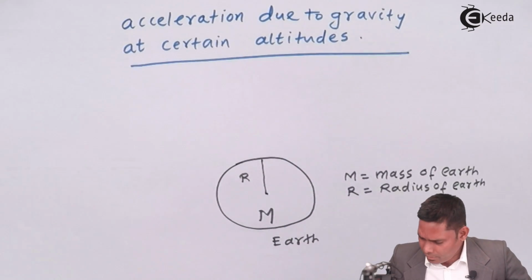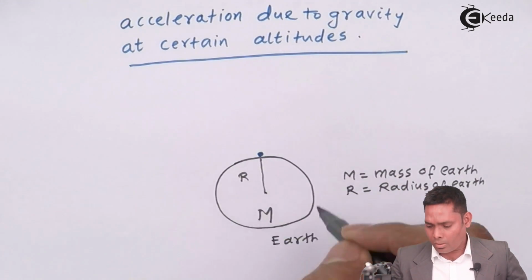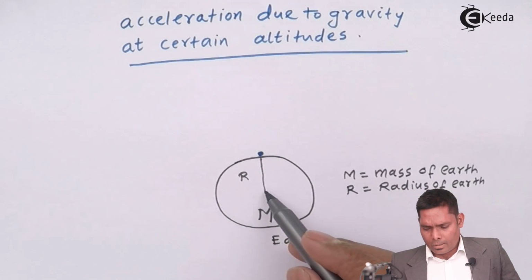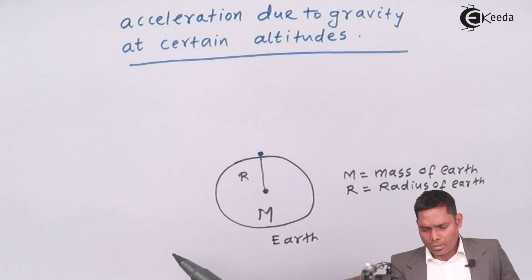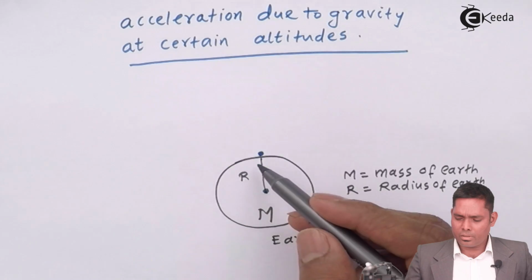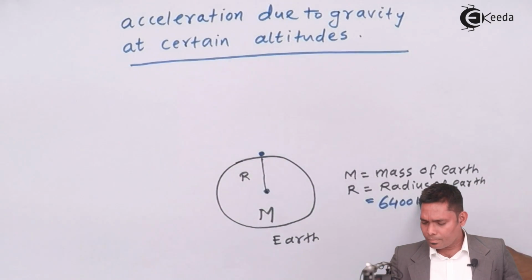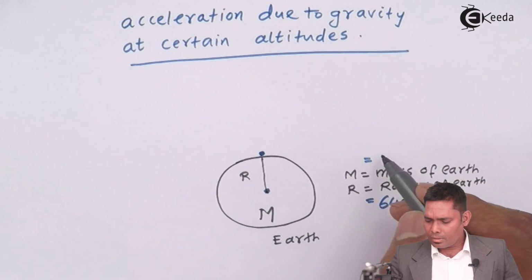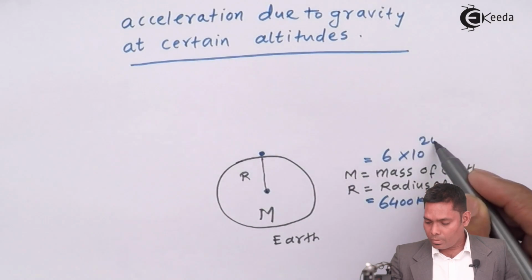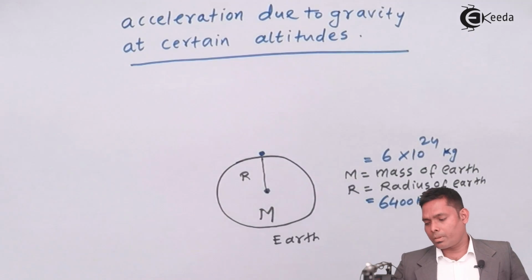Now if I have a point mass very close to the surface of the Earth, then this is the center of the Earth. If this point is very near to the surface of the Earth, even 1-2 meter height doesn't matter because this radius is 6400 kilometer and this mass is 6 into 10 to the power 24 kilogram.